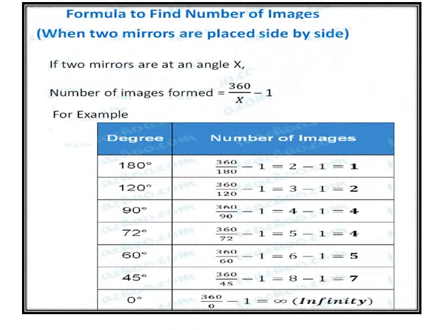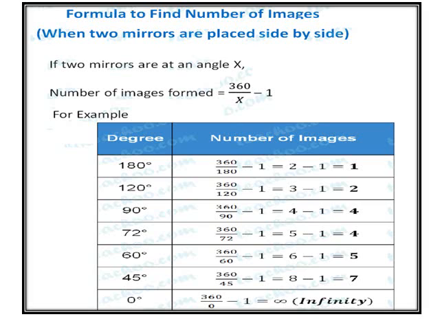Now let us calculate using the formula how many images are being formed when the mirrors are kept at the angle. Now we have seen the number of images formed has a formula 360 divided by theta. Here it is represented as x. So 360/x − 1, where x is the angle formed between the two mirrors.